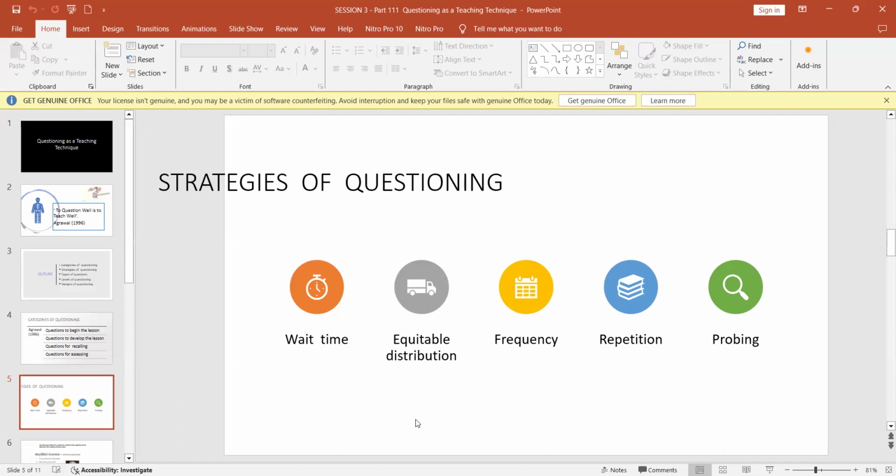You have to repeat the questions if they are on the main areas of the lesson. And the teacher has to guide the learner towards the proper understanding, not by giving explanations by the teacher herself, instead by asking probing questions. Okay?